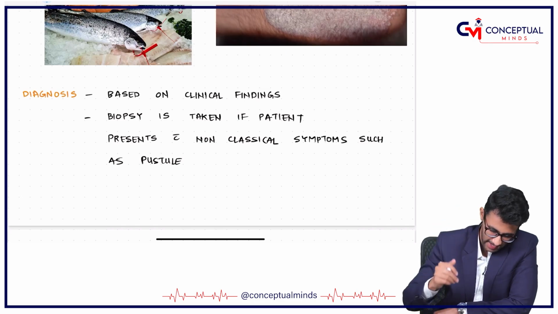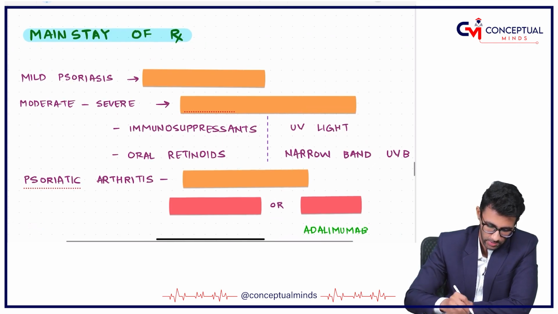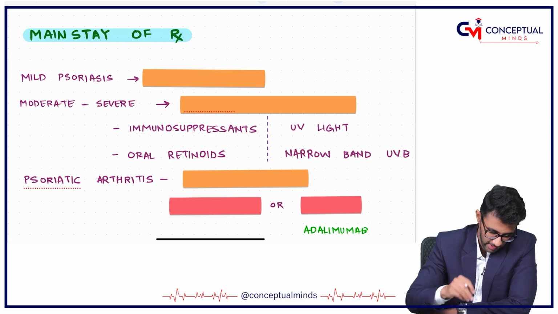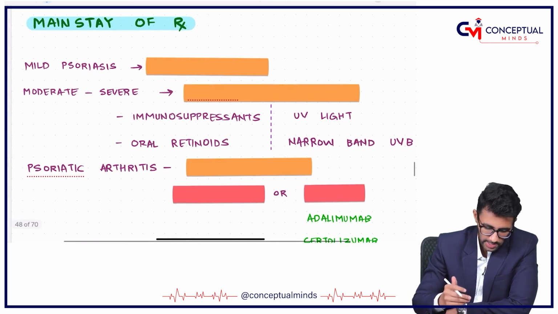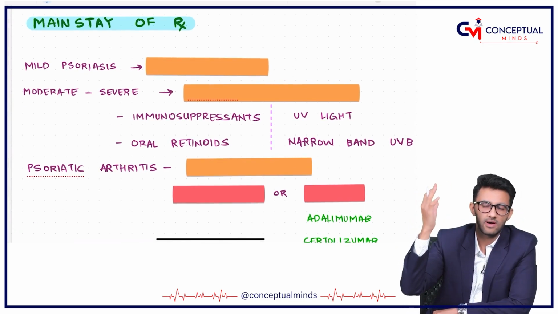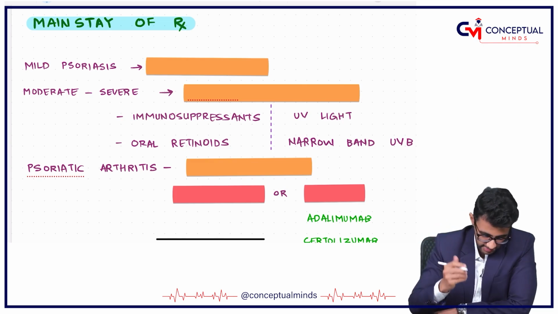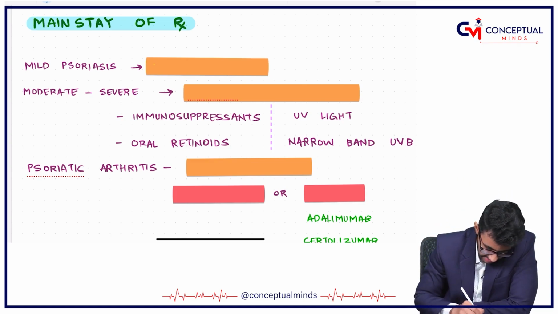The next one is the treatment aspect. What treatment can we provide to the patient? First, we have to understand the approach and the mainstay of the treatment. If anybody is suffering from mild psoriasis, I don't need to use the extreme firepower I have, so we can just go with topical corticosteroids.